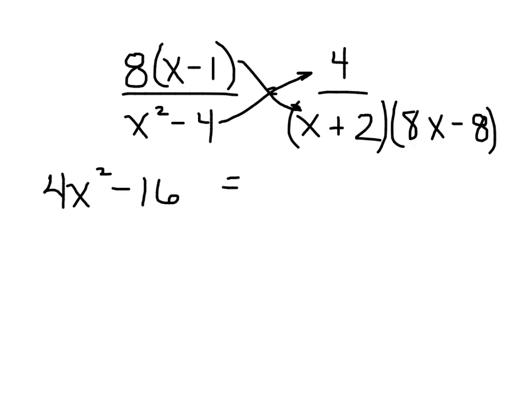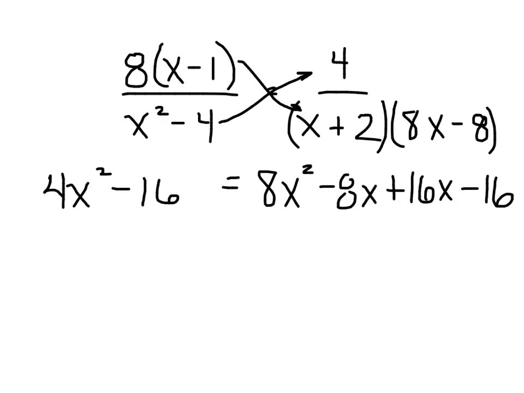So you get 8x squared minus 8x plus 16x minus 16. Okay? And what Tamara did without telling us is she FOILed it. Did she FOIL it correctly? I think so.